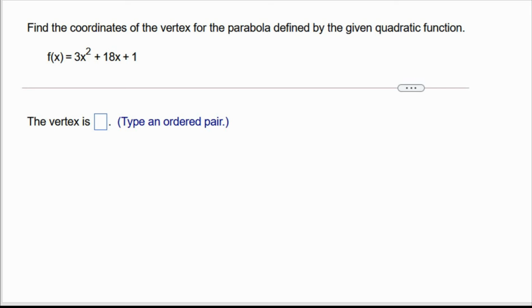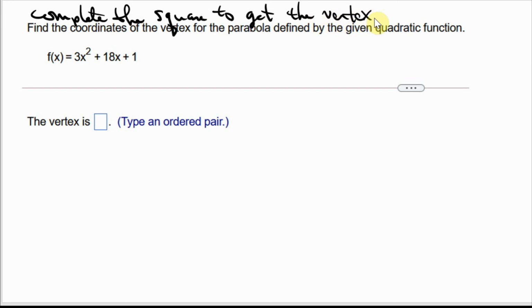Here, find the vertex. It's not written in that form, so we complete the square to get the vertex. Okay. So we factor out a 3 from the first 2 terms.